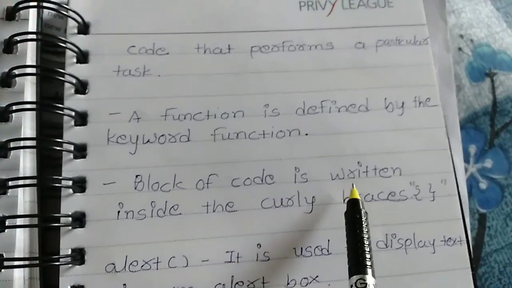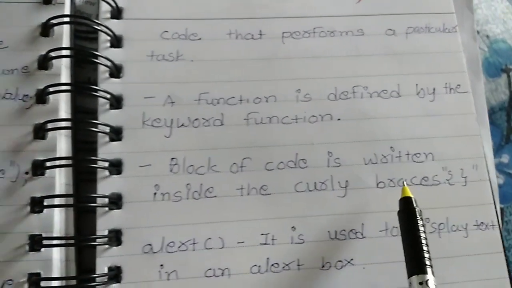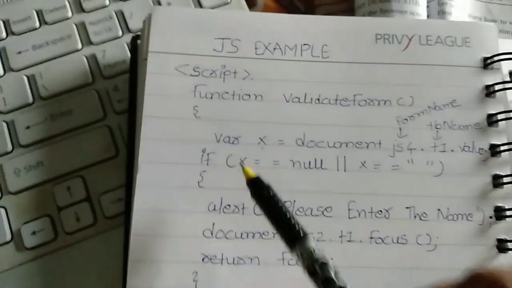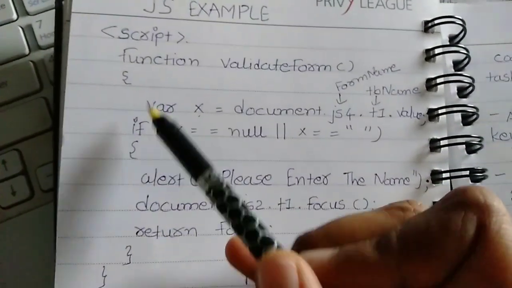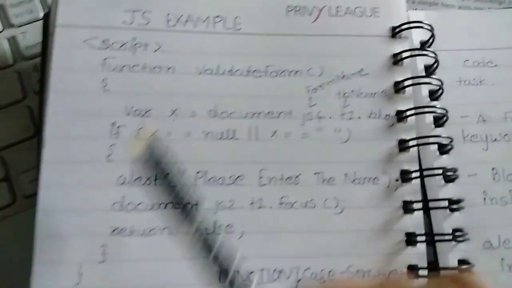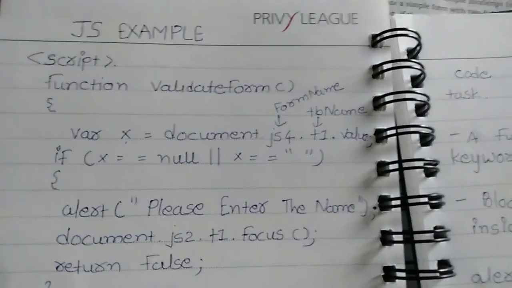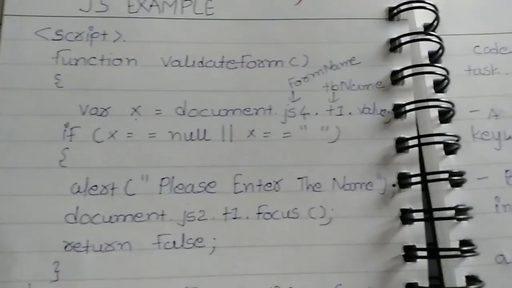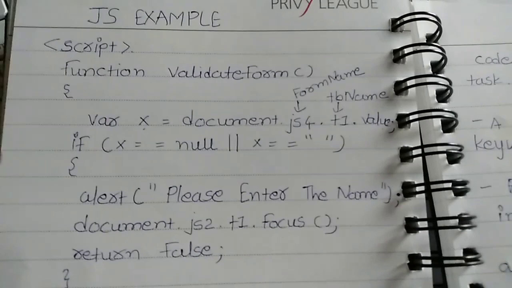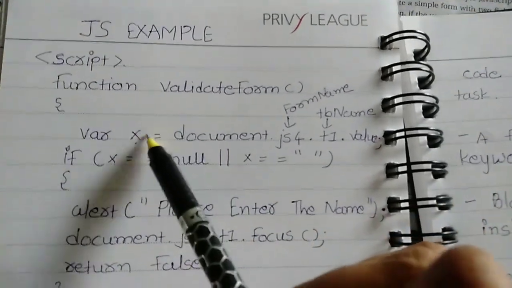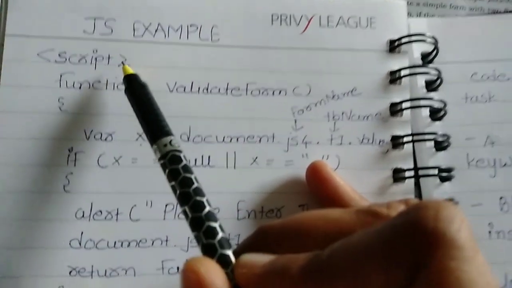Block of code is written inside the curly bracket. You have to write all the code of the function inside curly brackets. Can you see it? We have to write script inside the script tag. You have to write JavaScript inside which tag? Script tag.